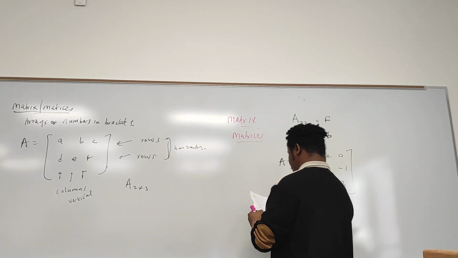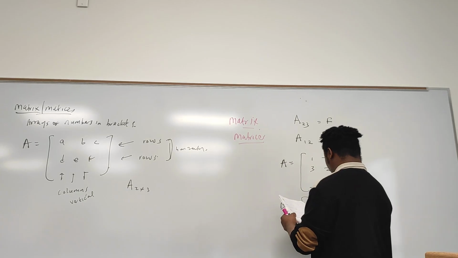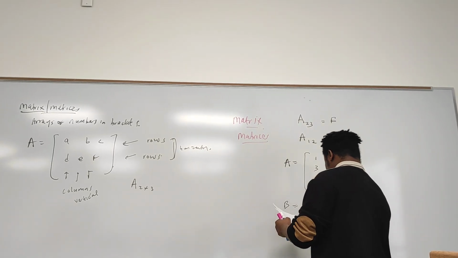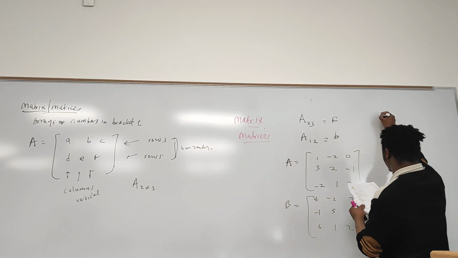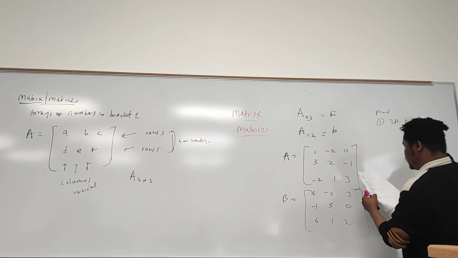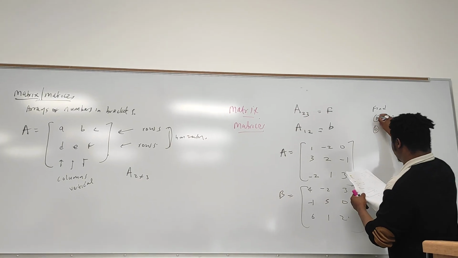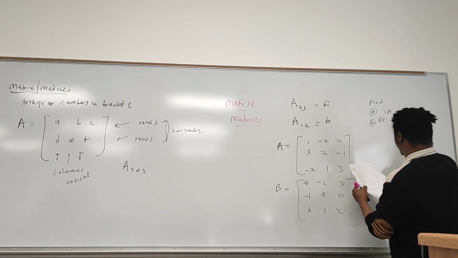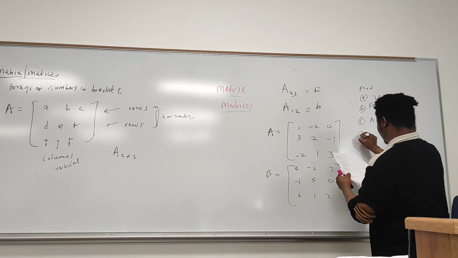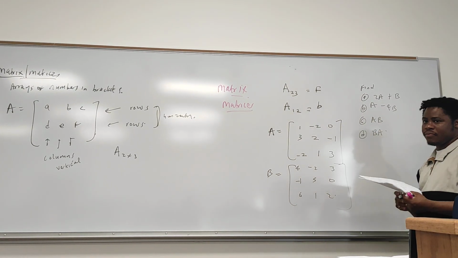And matrix B is 4, minus 2, 3, minus 1, 5, 0, 6, 1, 2. You are asked to find (a) 2A plus B, (b) A minus 4B, (c) AB, and (d) BA.